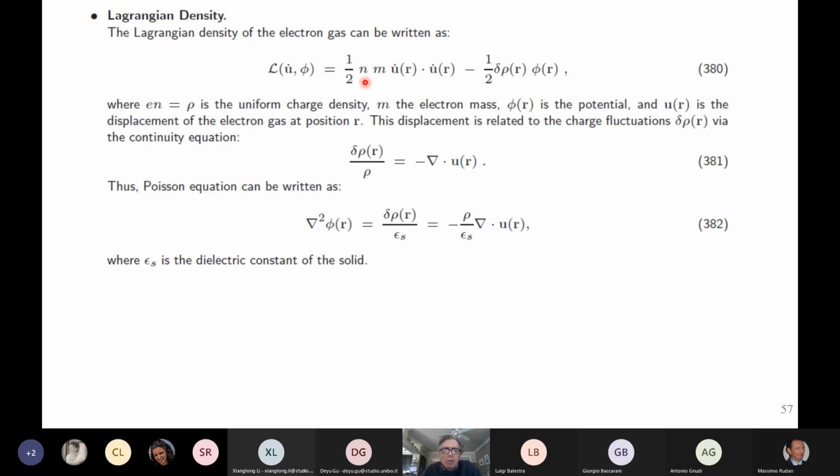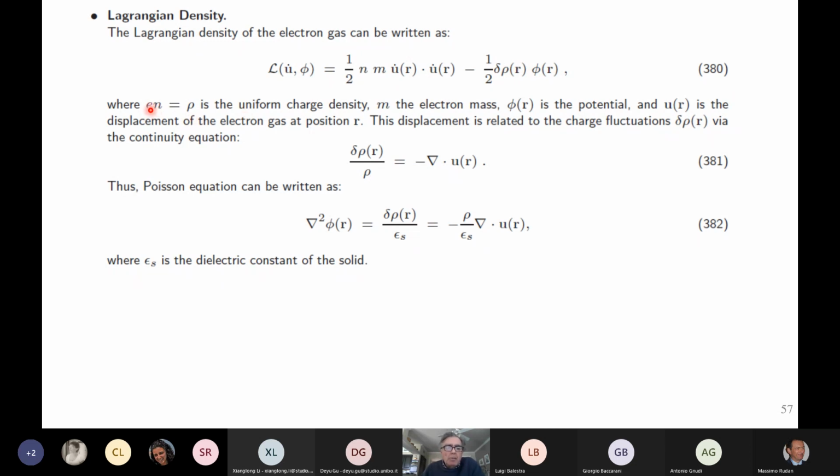The kinetic energy will be just 1/2 the electron density times the mass of the electron times the square of the velocity. And the potential energy will be just 1/2, because I want to avoid the self-energy, of the change of the charge at a given position due to the fact that I've moved away the electrons, times the electrostatic potential, which is due to this charge itself.